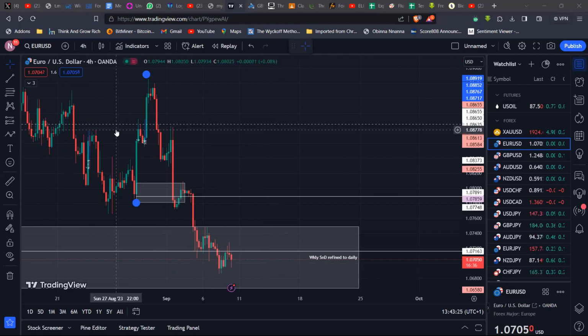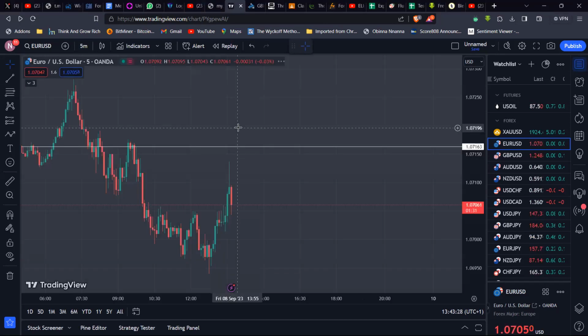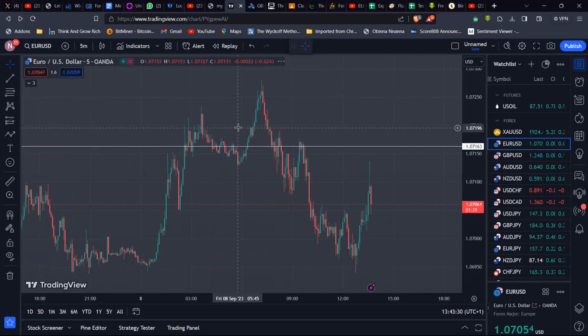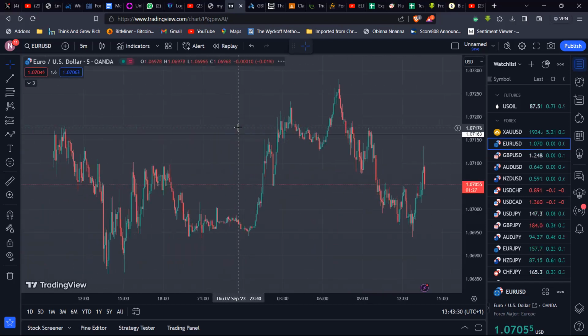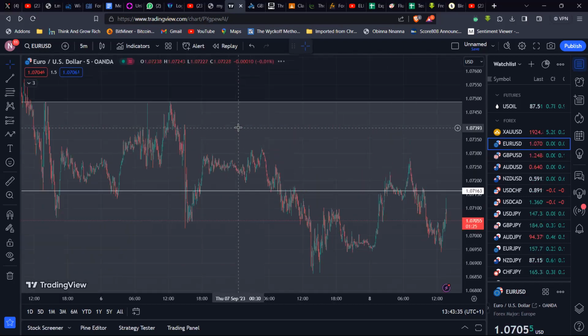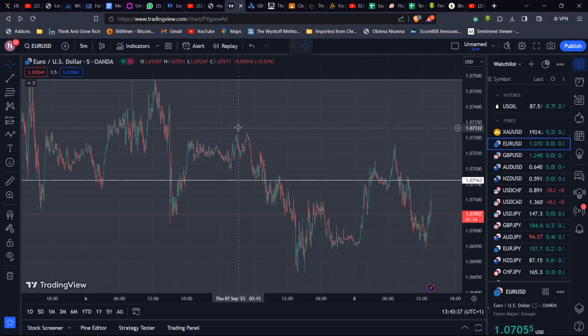So now let's say I drop down to a 5-minute chart, okay? And now I'm looking at this 5-minute chart. It's an entirely different world, right? You're seeing it's going up, it's coming down, it's going up. I'm only going to be focusing on confirmations to buy. Do you understand?